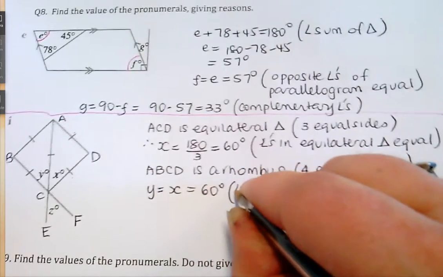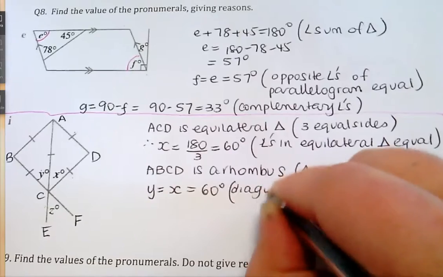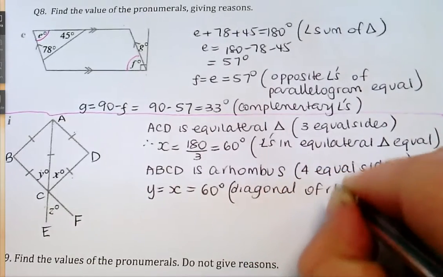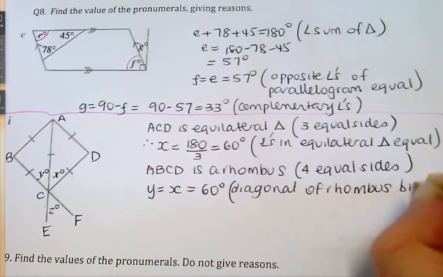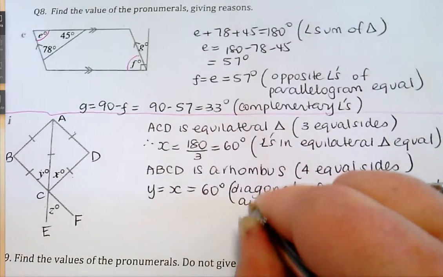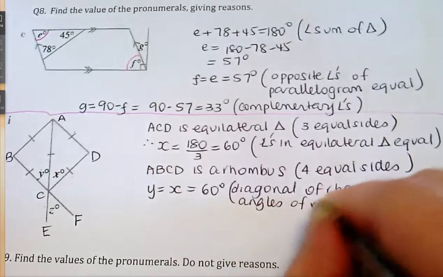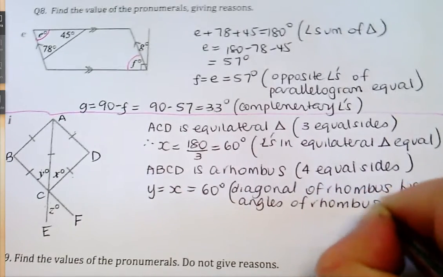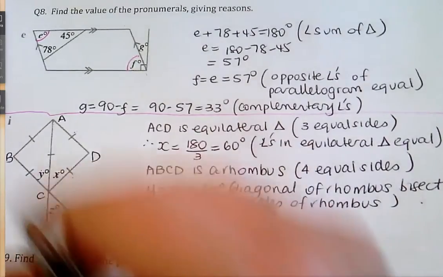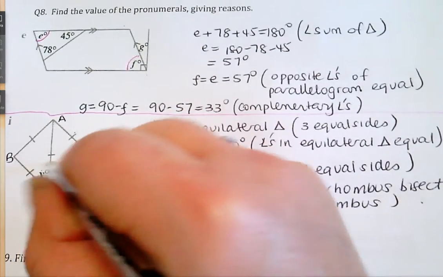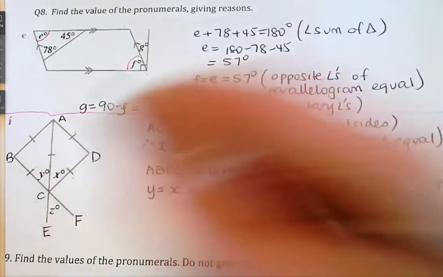And the reason is that the diagonals of a rhombus bisect the vertices or angles of the rhombus. Okay. So we've got that Y equals X, which is 60. In other words, this whole thing here would be 120.